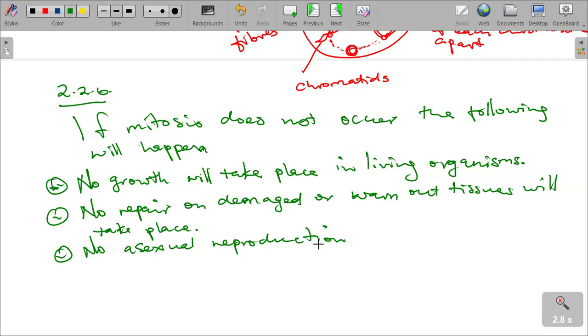So no asexual reproduction in unicellular organisms.